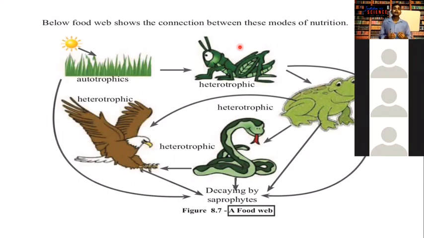The plant substances are the result of the photosynthesis process. So we may not directly depend on photosynthesis. We don't directly produce food, but we indirectly depend on the photosynthesis process, right? That's what I have to discuss here.